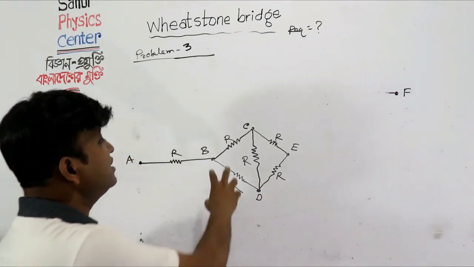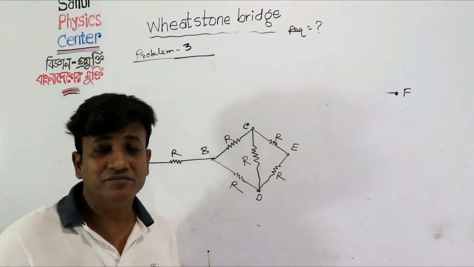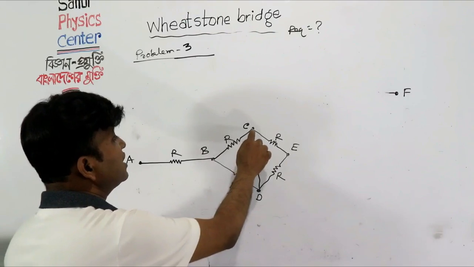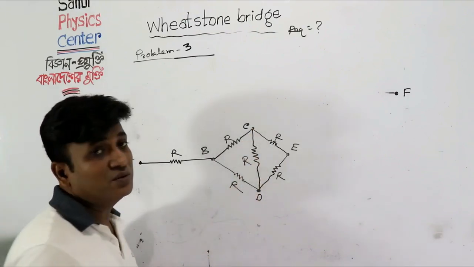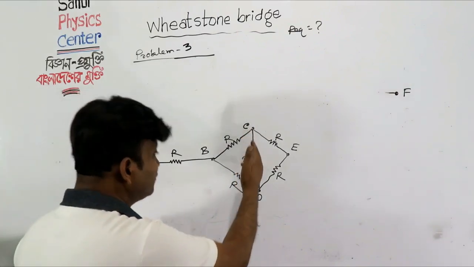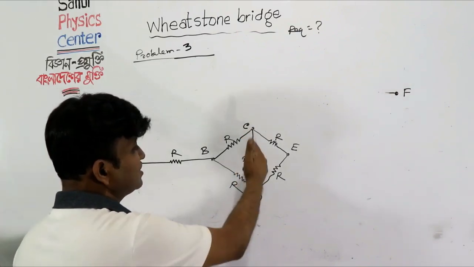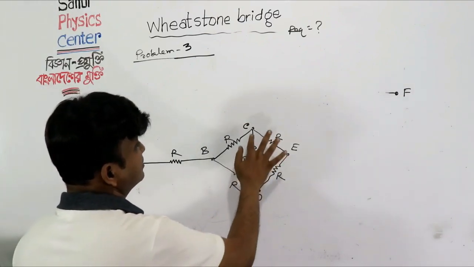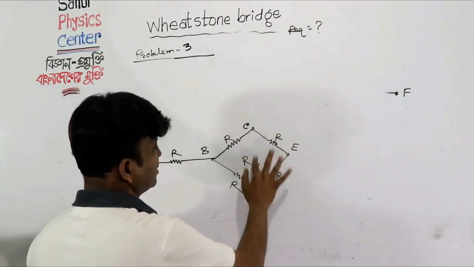So the circuit obeys the Wheatstone Bridge principle. So the potential at points C and D will be equal. As a result, no current will flow through this resistance, so we can remove it.